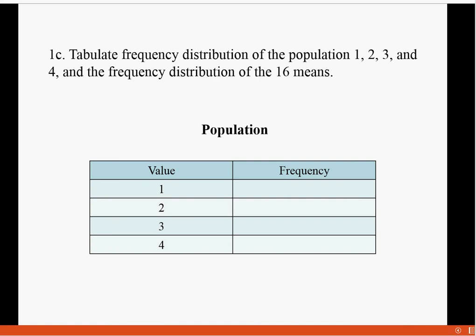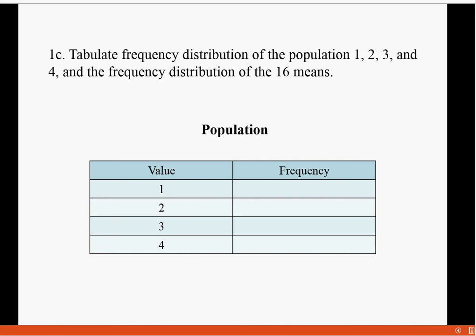Now for this first table, we need to tabulate the population frequency distribution. In this table, you can see that we have the 4 numbers in the population, 1, 2, 3, 4. The question is, what is the frequency for each number? In other words, how many times did 1 occur in the population?